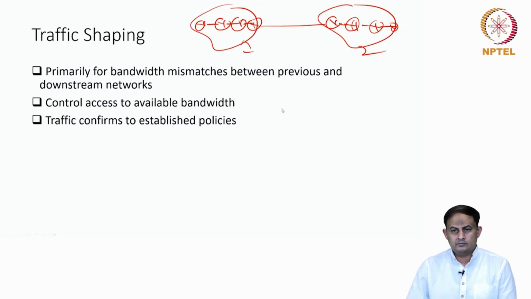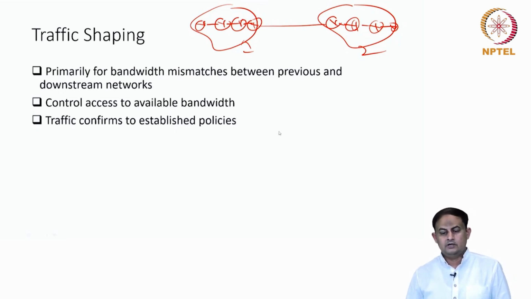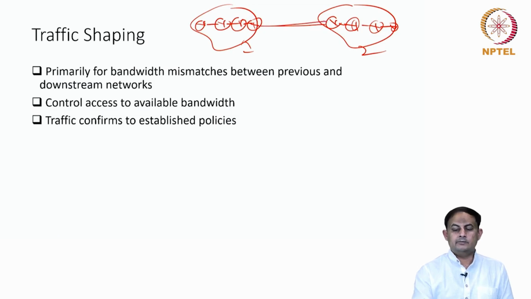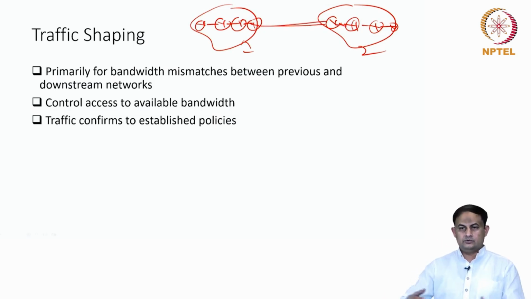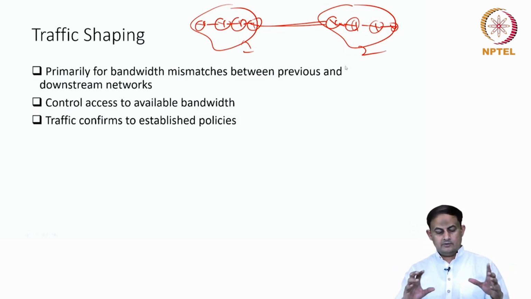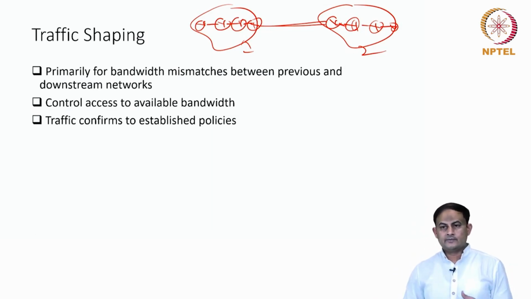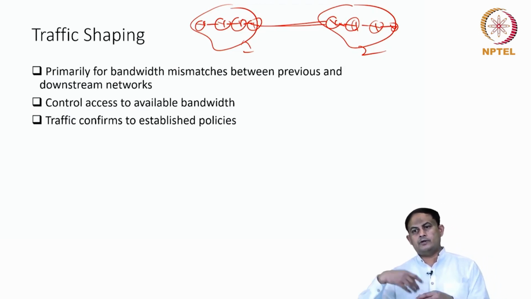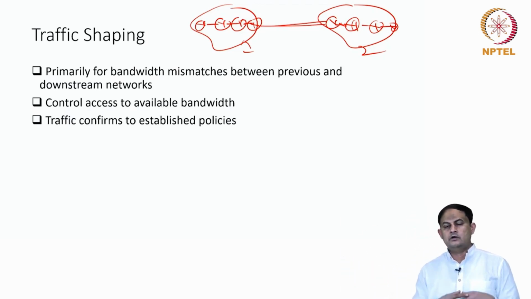By doing the shaping, you want to control access to the bandwidth: how much of the bandwidth between this and this is used, how much of the bandwidth between this and this is used. By doing that shaping operation, you are ensuring that your own traffic going to the second network is not violating the agreed upon constraint.